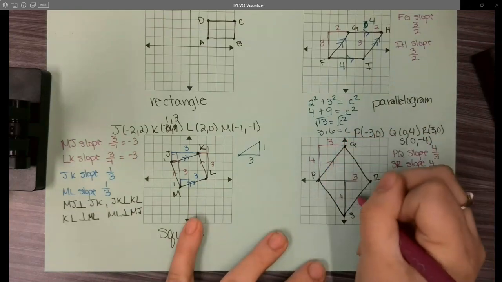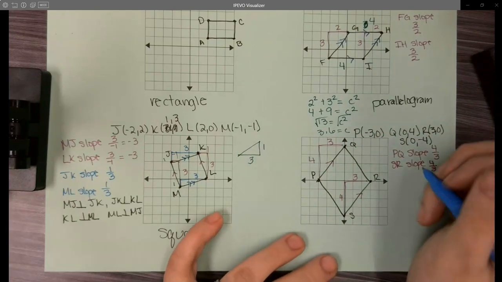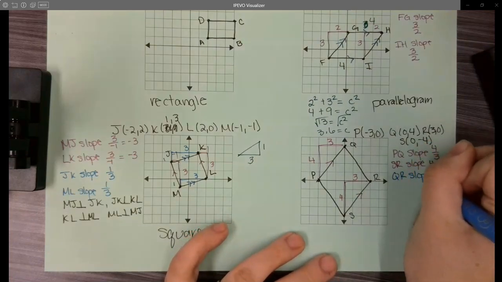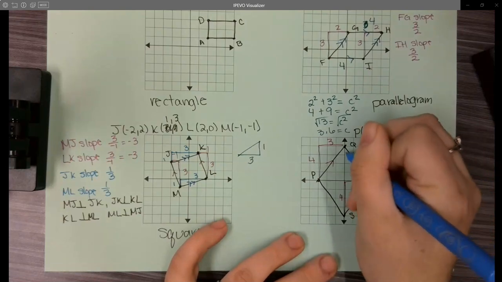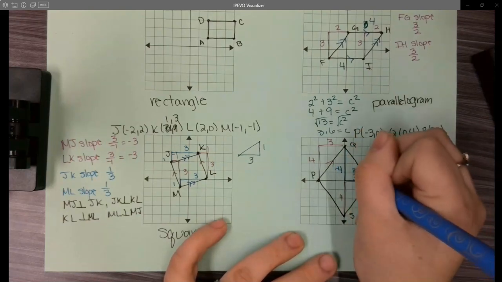Yep, they have the same slope. Next, I'm going to do QR. So this one is going down 4 and over 3.